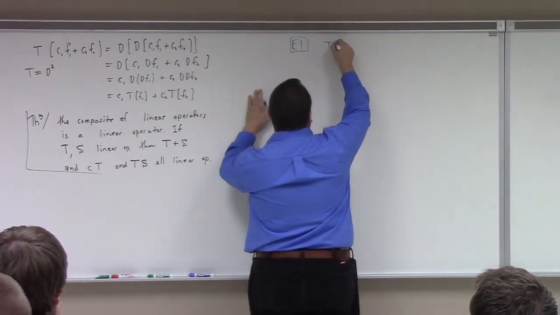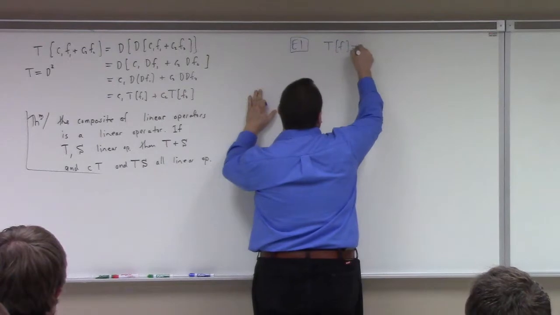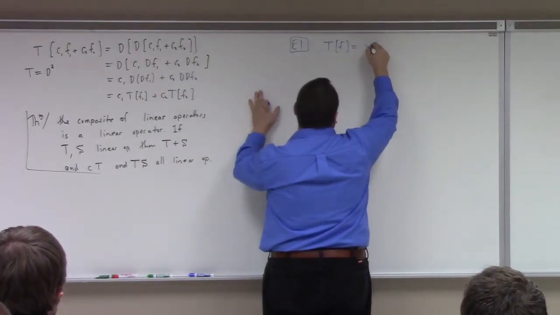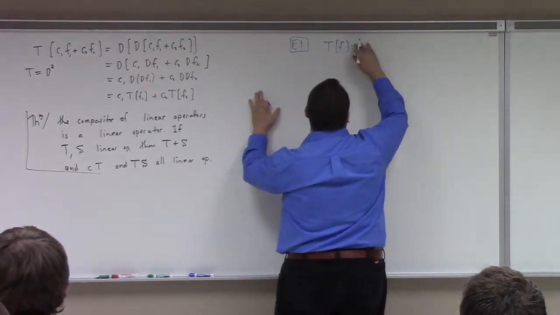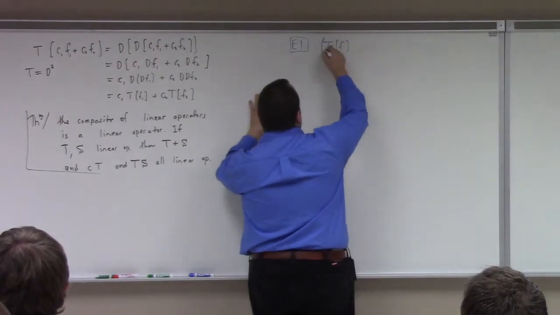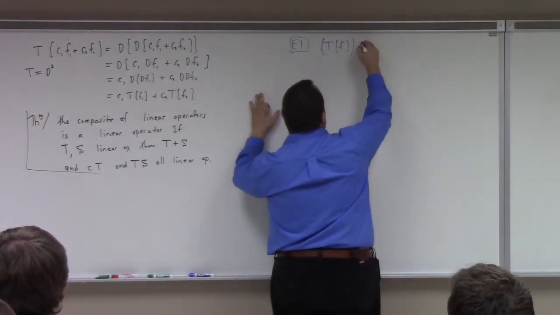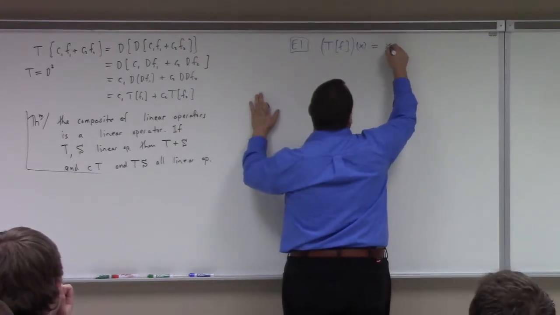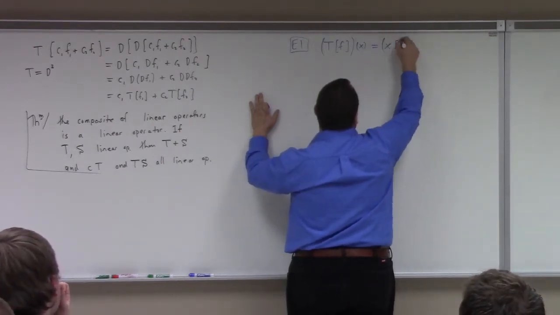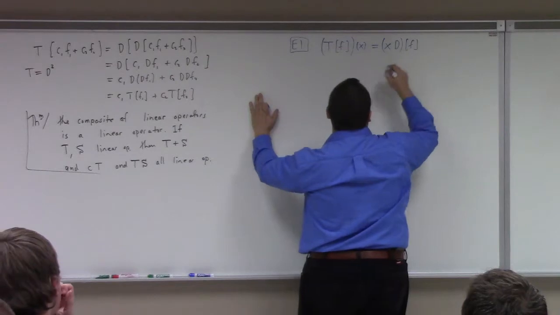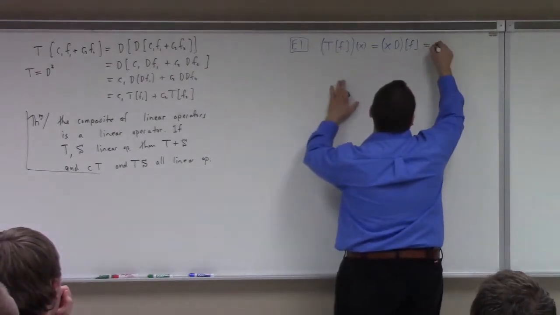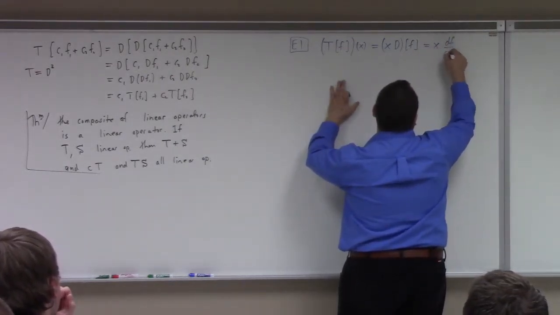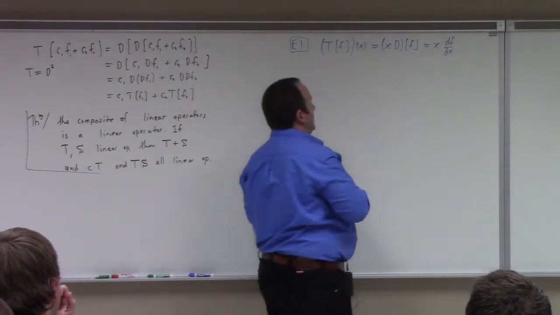We can define T of f equals to x, well, so this is kind of obnoxious, but this is a function, right? So to define it at x, I should say that that's x times D acting on f. In other words, this is equal to x df/dx.